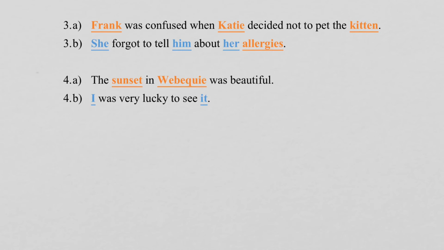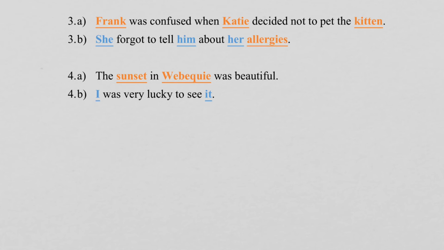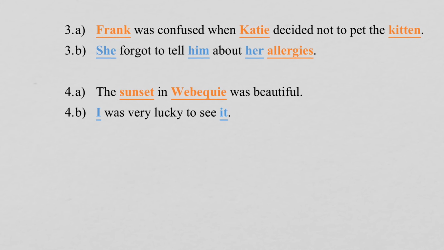Okay, third set of sentences. 3a, 3 nouns. Frank was confused when Katie decided not to pet the kitten. So we have Frank, Katie, kitten. 3b, she forgot to tell him about her allergies. Well, we know because we just mentioned Katie, that she is being used instead of Katie.